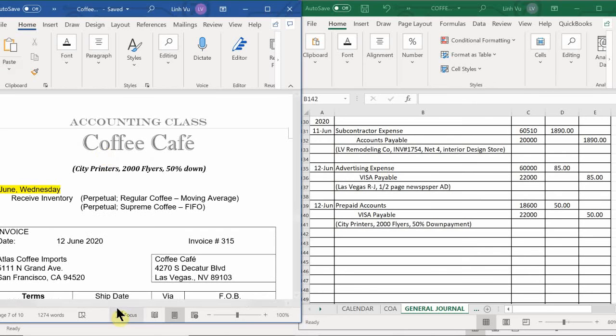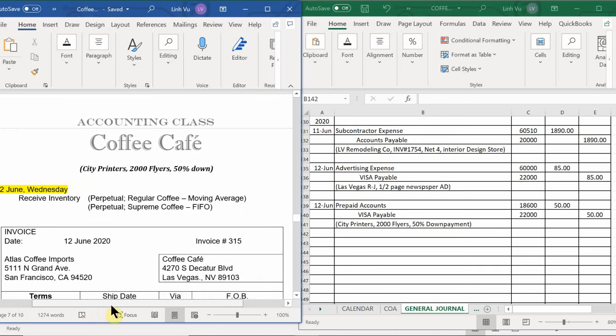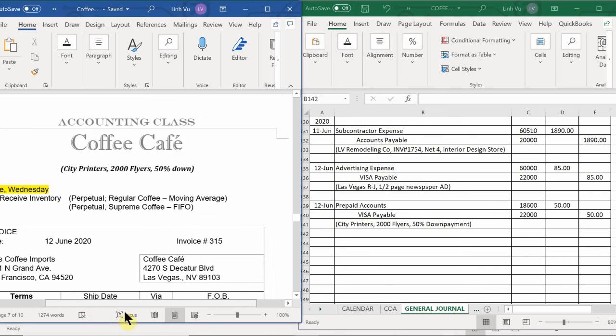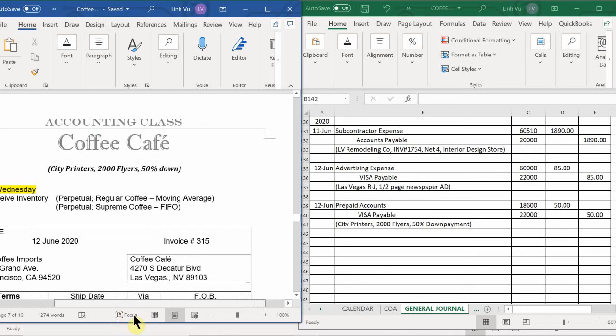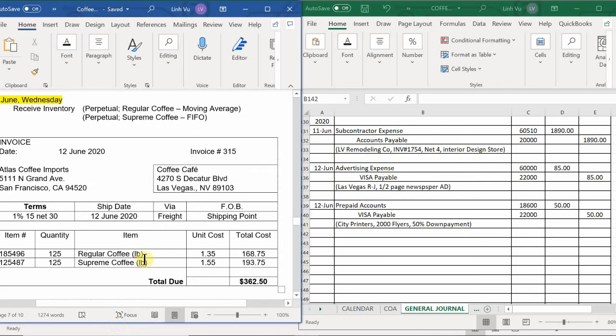So here, we finally start the new day. I'm sorry, no, we're still on the 12th. Okay, so Wednesday the 12th. And what did we receive? We received our inventory.